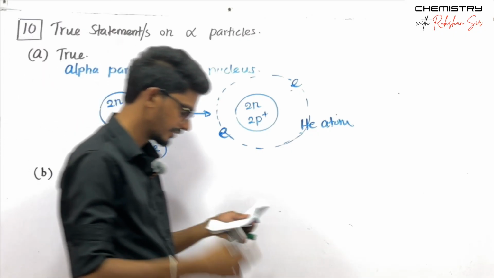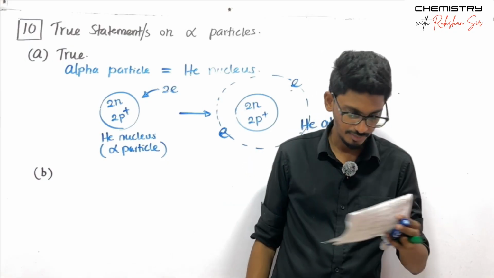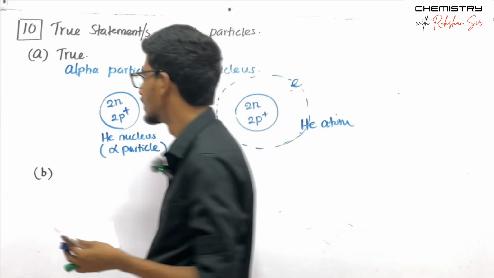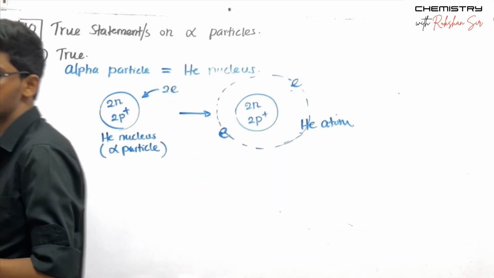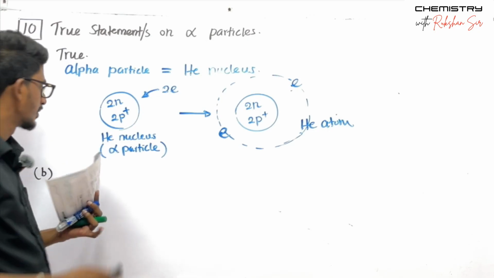See what they are saying there. The penetration power of alpha particles is very small. What is meant by the penetration power?